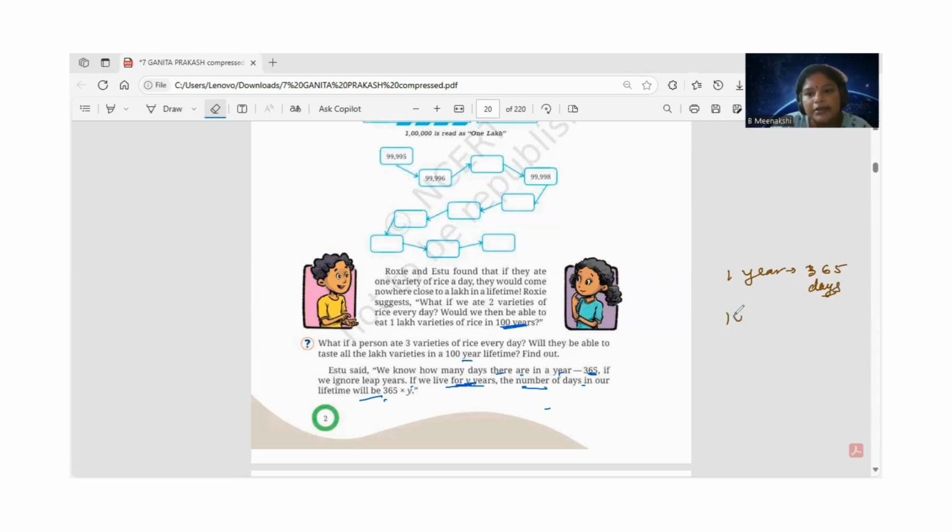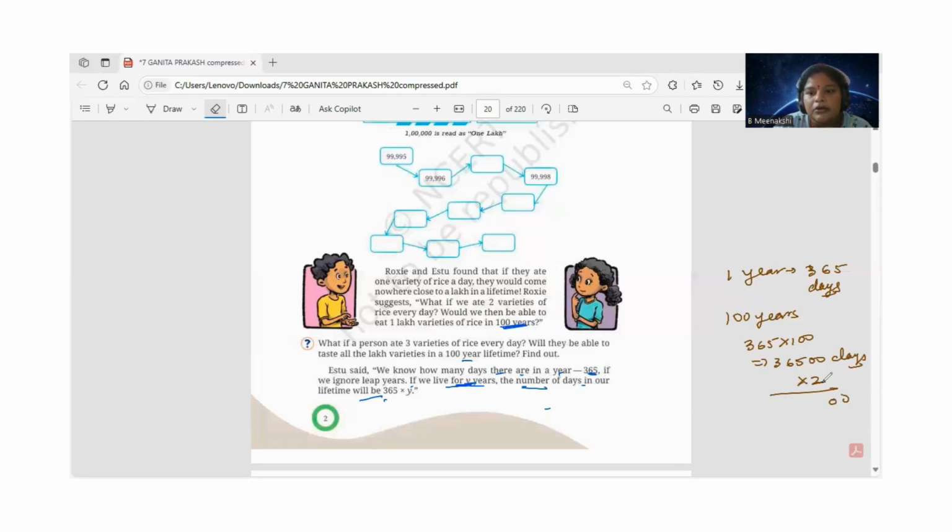So in 100 years, it becomes 365 into 100, so it is 36,500 days. Now if you eat 2 varieties of rice every day, multiply it by 2.